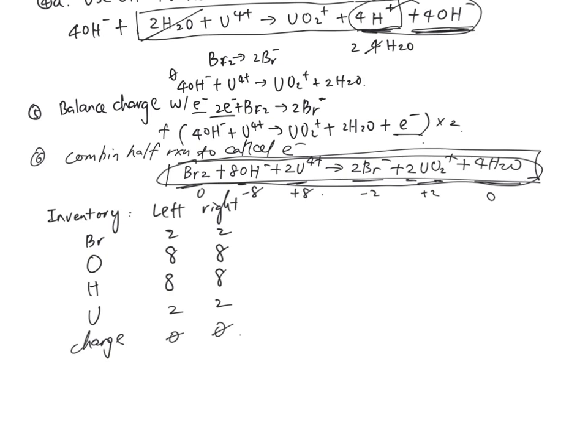Now, if you used the arrow method before, and you feel like you're very good at it, and you never had mistakes doing it that way, you're more than welcome to stick to your arrow method in balancing redox equations.